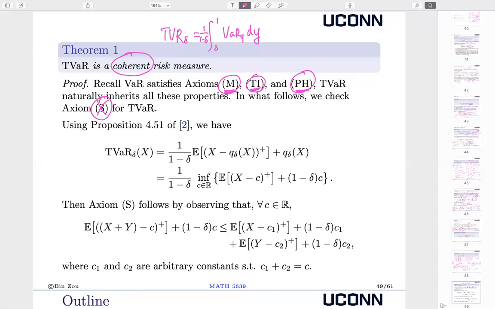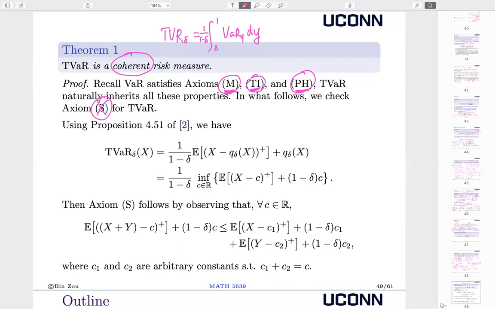We know for VaR, subadditivity does not hold. To many, that is a huge issue, right? Because they argue that subadditivity is a very important axiom because that gives us the motivation to do diversification, to do merging in business, to do many things.